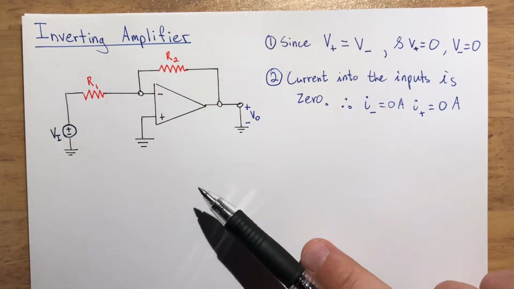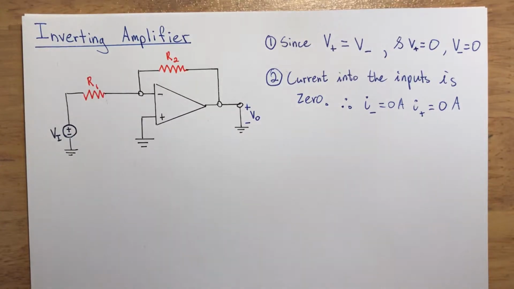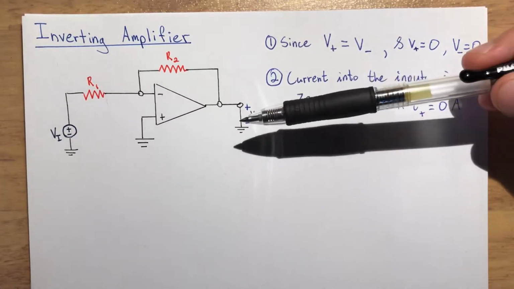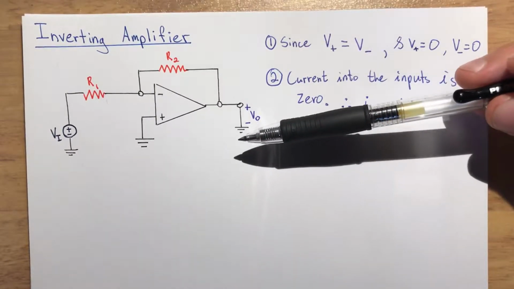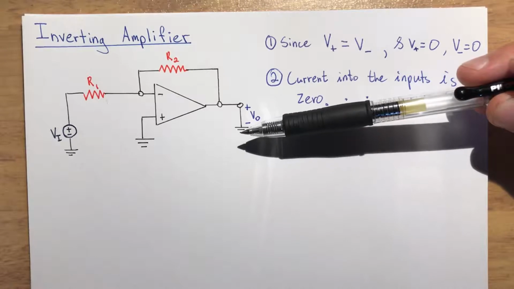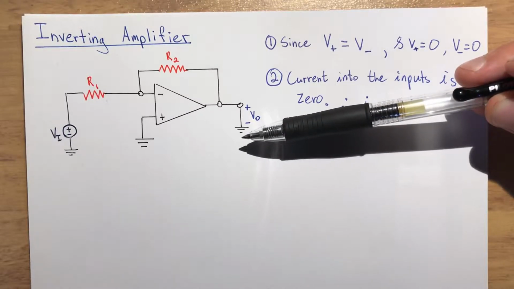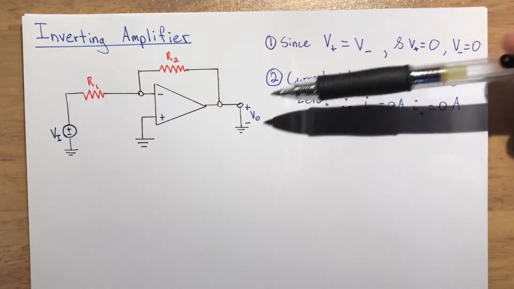Before we do that, I do want to point out two important facts about an ideal amplifier, and most you're going to just assume are ideal, meaning that they have an infinite gain.